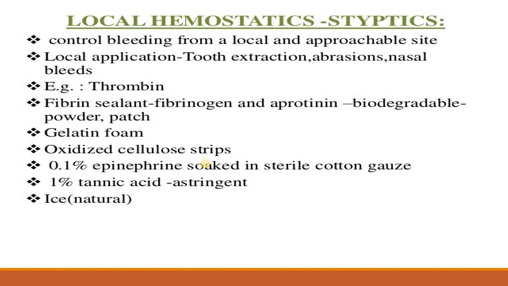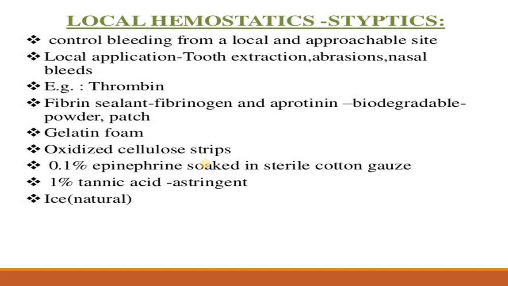Next one is local hemostatics. These are all the local hemostatics. First one is to control bleeding from oral and accessible sites, by local application: tooth extractions, ablations, nasal bleeding.